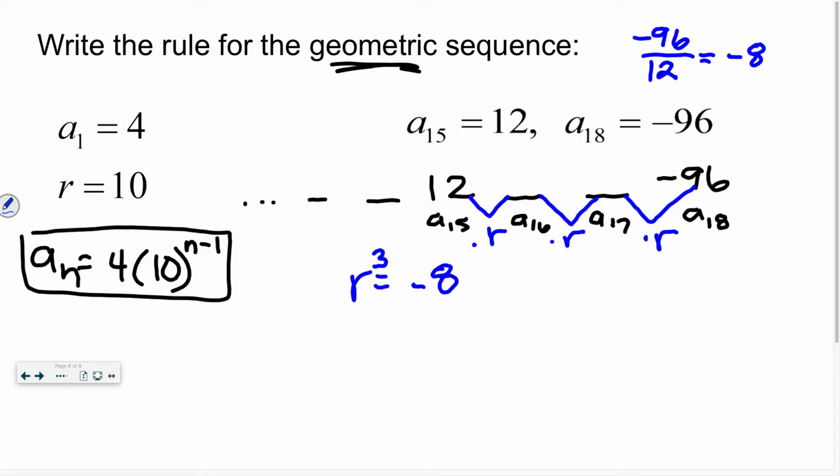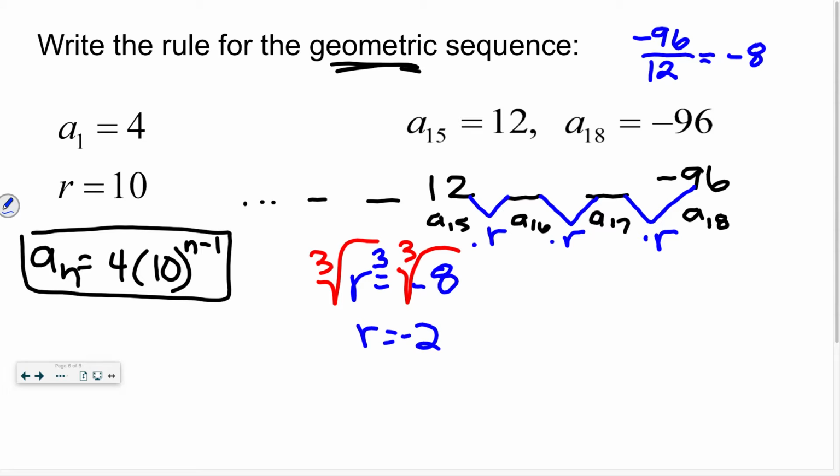Okay? So we're going to take the cube root of both sides. Now, if it's odd, we have no issues with taking odd roots of negative numbers, right? It keeps the sign of the radicand, so this is going to be R equals negative 2. Now, there's other ways for you to solve for R, but that's probably a method that a lot of people like.